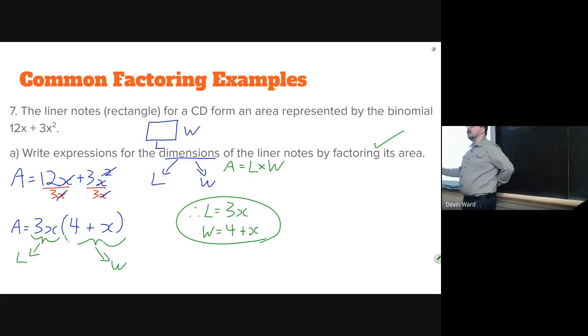So we factor it, find two things to multiply together, then that's our length and our width. It doesn't matter if we were to switch them. If we said that 4 plus x is our length and 3x is our width, it doesn't matter. It's kind of arbitrary. I always go with whatever we have up front as length, because we usually write length before width.